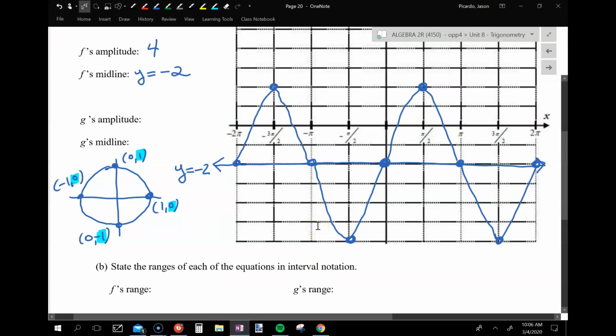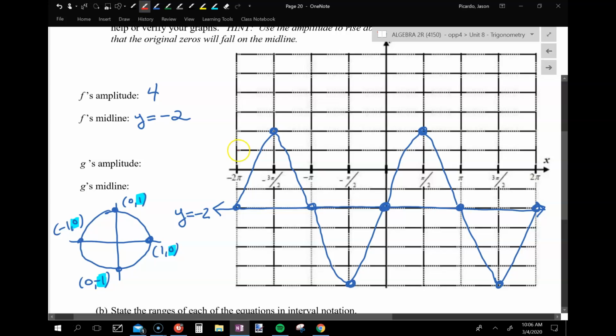So I need to plot 1, 3, 5, 3, 1, 3, 5, 3, 1. And that is my -2 cosine of x plus 3.